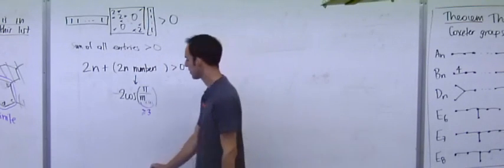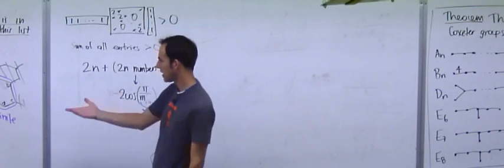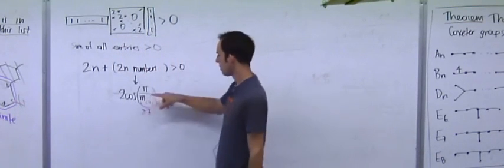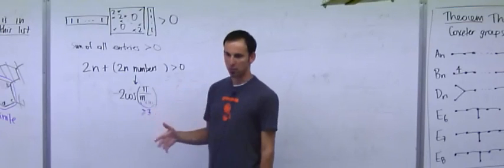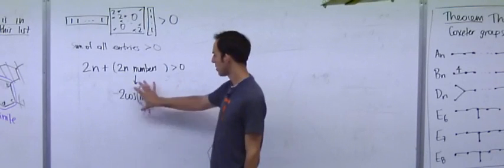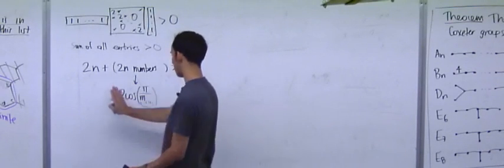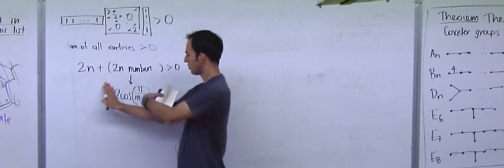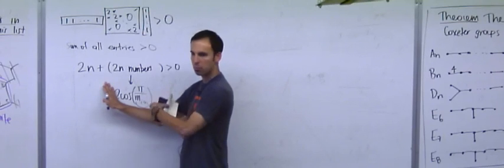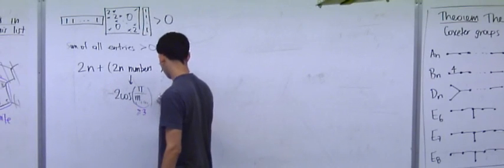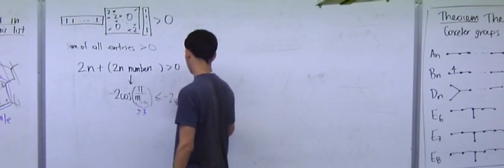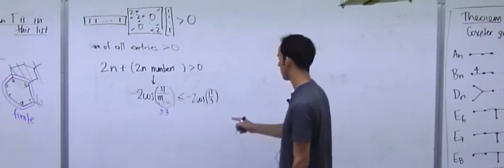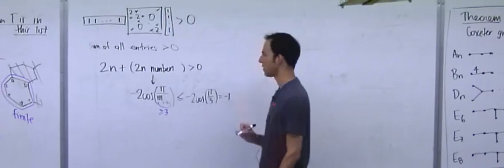Why is that? Well, because there's an edge between i and i plus 1. So this is cosine of pi over 3 or something smaller, which means that this number, without the minus sign, is greater than or equal to 2 cosine of pi over 3. With the minus sign, it's less than or equal to minus 2 cosine of pi over 3. But what's this? This is minus 1.